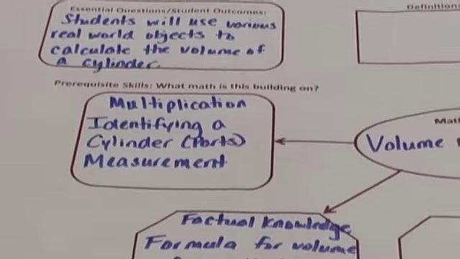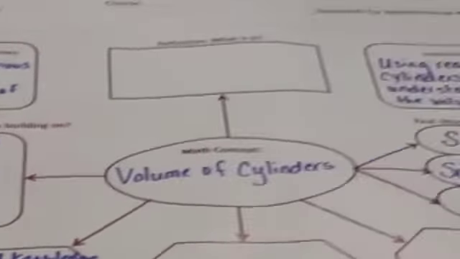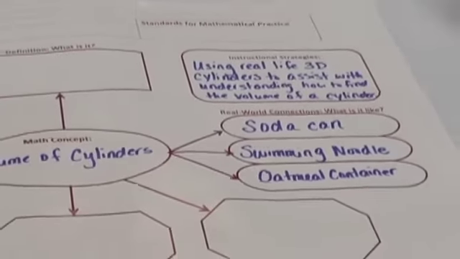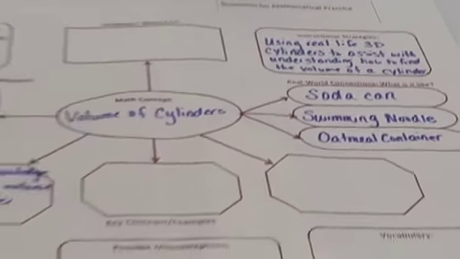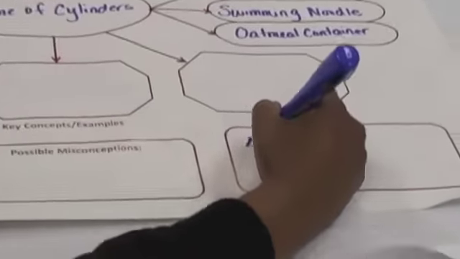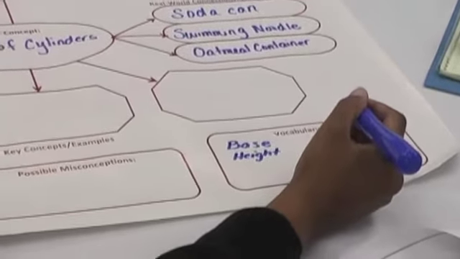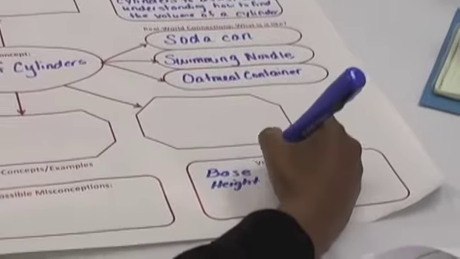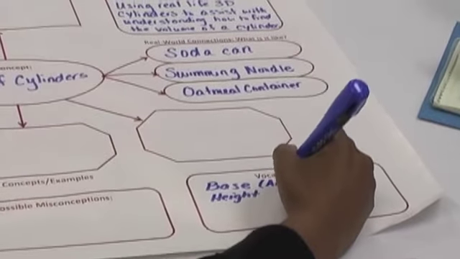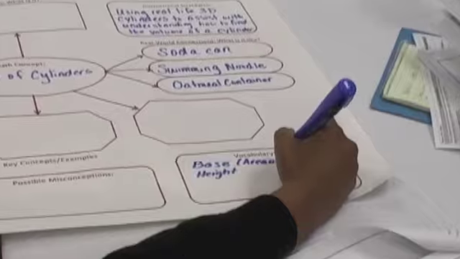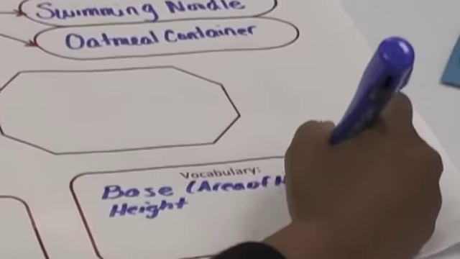Those are some of the practices we need to put in. And they didn't understand that the base is the area of the base, and that it's not just diagonal.